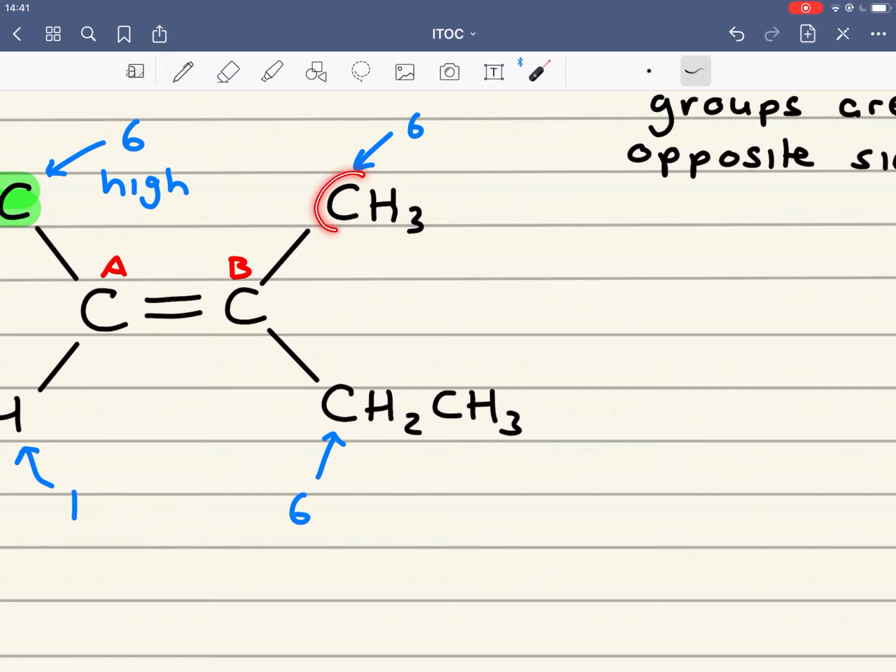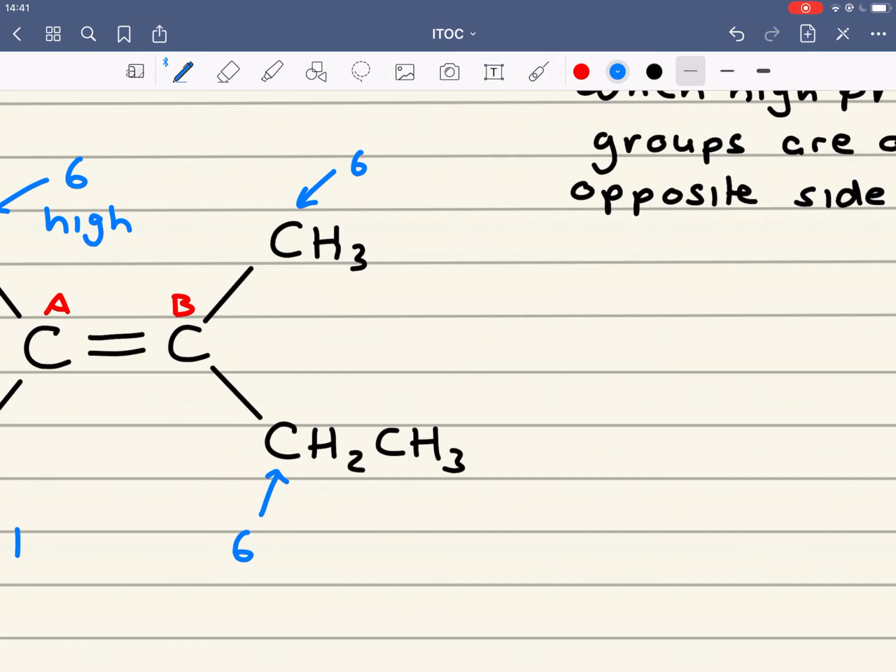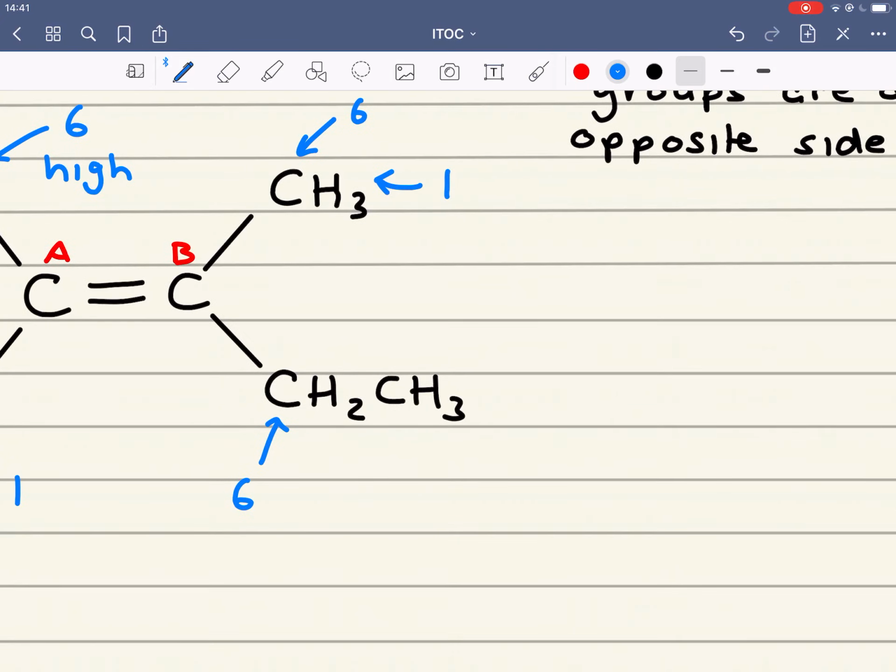And the atom bonded to this carbon, if we move along, is a hydrogen. And that there is an atomic number of 1. We then have a look at the atom bonded to this carbon, and that is another carbon, and that's got an atomic number of 6.